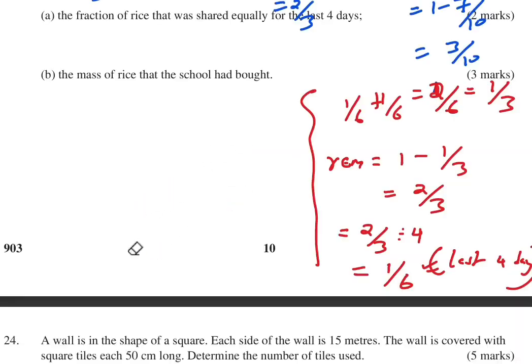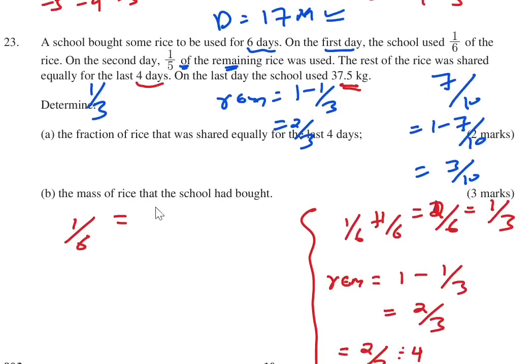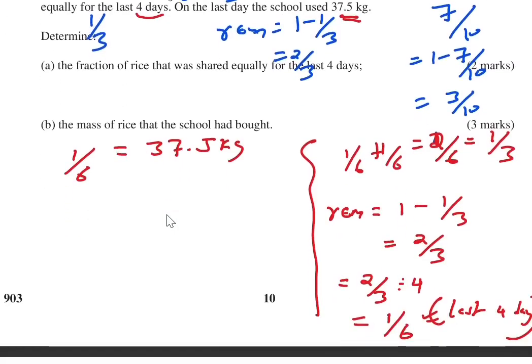So tunafanya part B. So utasemaje part B? So 1 over 6 for the last 4 days, each day was 1 over 6. So 1 over 6 is equivalent to mass yake ndio hii tumepatiwa, that's 7.5 kilograms. What about ikiwa yote? So yote ni nini? 6 over 6. So tunajiuliza what about 6 over 6?